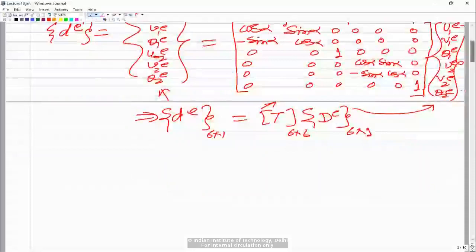So why we need to do this is because the different elements are oriented in different directions, so the local coordinate axes are different. So we need to transform the element level equations into a common coordinate system before assembly, and then after doing this we assemble.